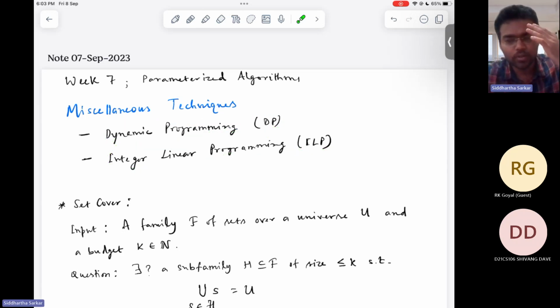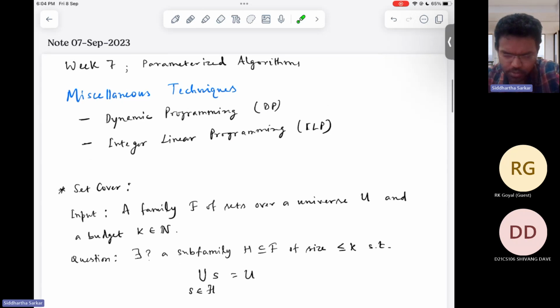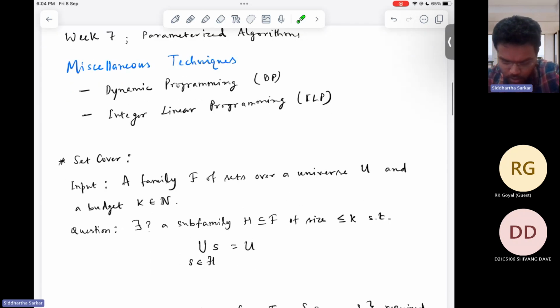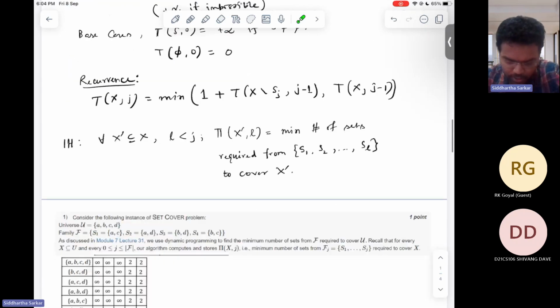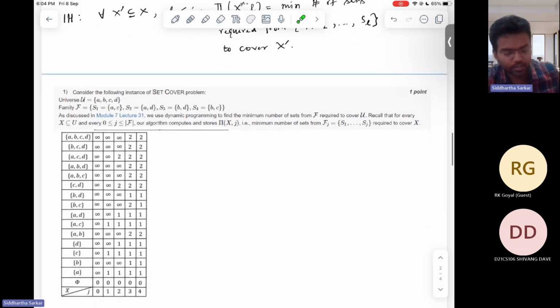In some of the previous sessions also, we had questions on how to compute different entries in the DP table. The questions in this session will be of similar flavor. There are questions on different problems, and we are looking at some DP tables, and we're asking what are the missing entries in this DP table.